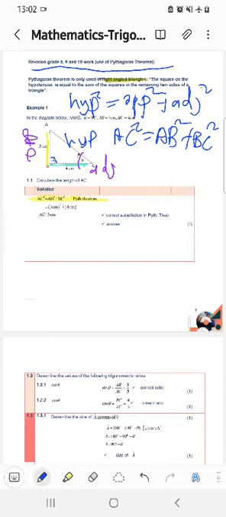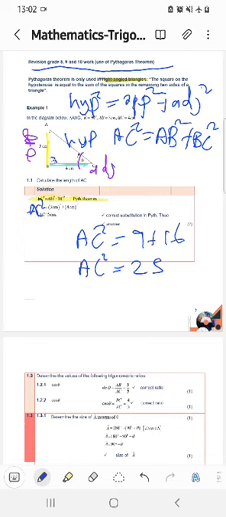Then they substitute the other sides. Here you must still write AC squared equals 3 squared plus 4 squared, even if you don't put the units. If you press the calculator, you get what they have done here: AC squared equals 9 plus 16, which is 25.